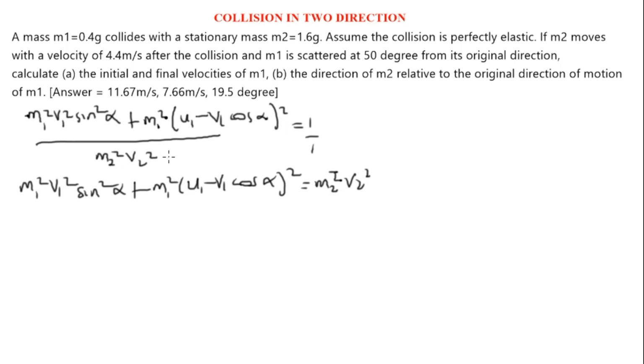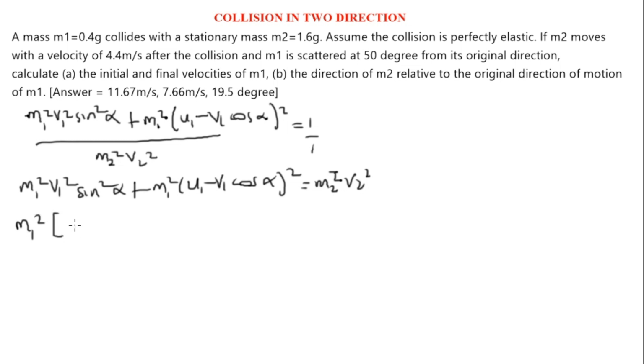It's just like I multiplied both sides by m2 squared v2 squared, so that I obtain this. Now we can continue further since m1 is common to both sides.